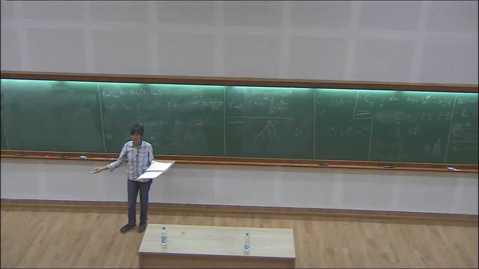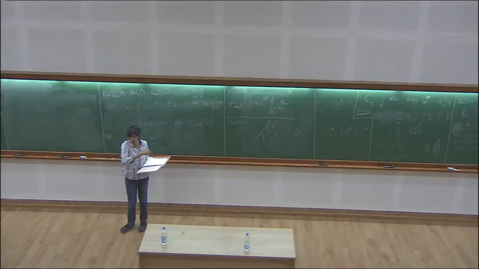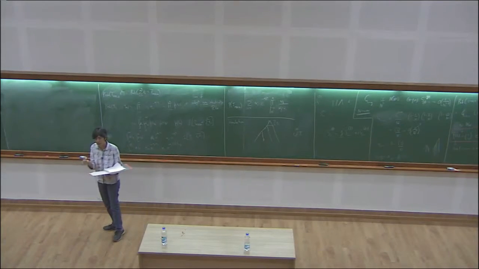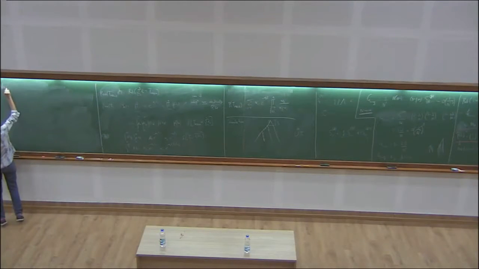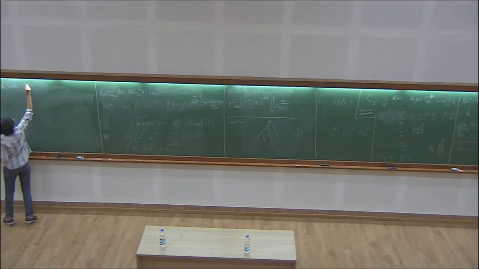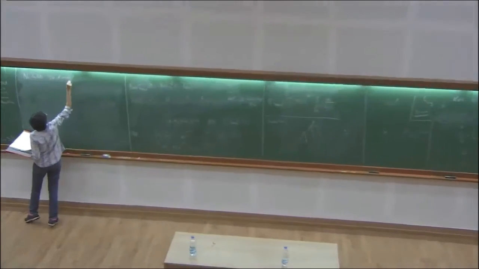Not to be confused with fixation probability, but that's, I think, a relation. So this is simply asking what is the probability that two sequences differ at a given site.